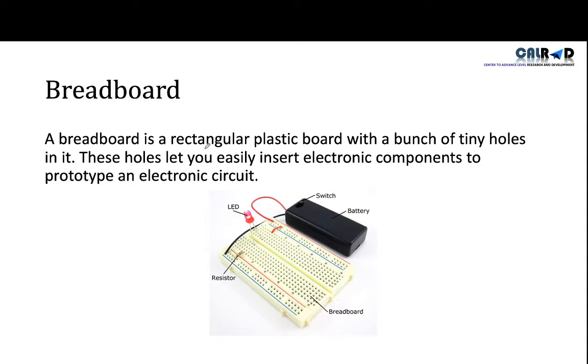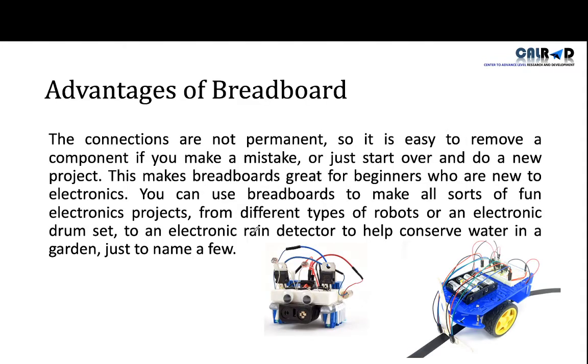The definition of a breadboard is that a breadboard is a rectangular plastic board with a bunch of tiny holes in it. These holes let you easily insert any electronic component to prototype an electronic circuit.